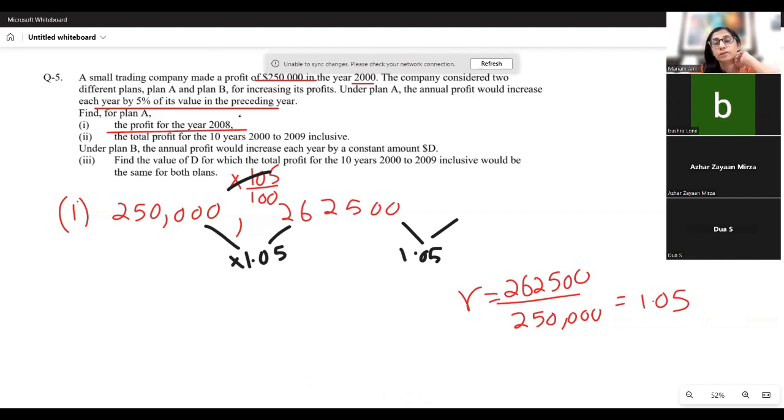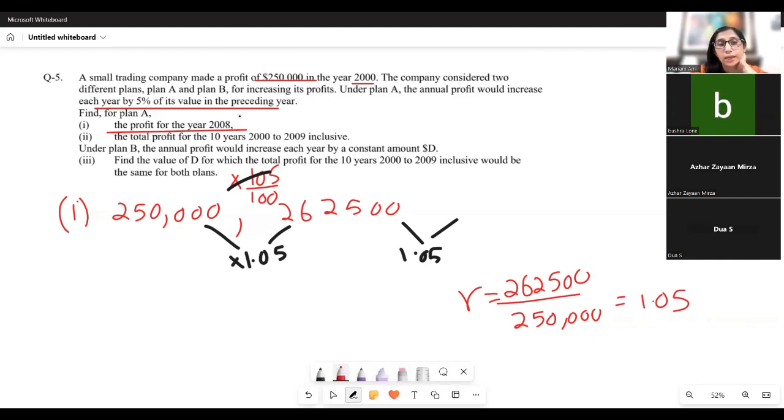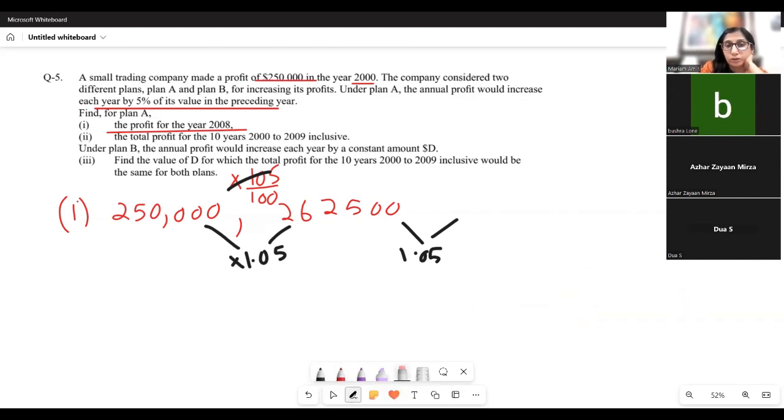So R is 1.05. A is 250,000. Find the profit in year 2008. So how do we do that? First year is 2000. This is the profit in year 2000. We need the profit in 2008. Which term is that?